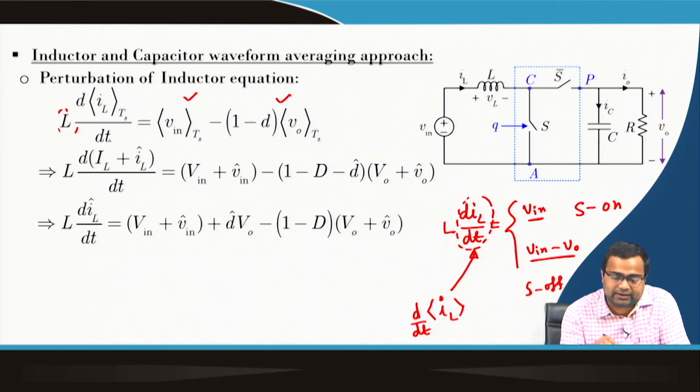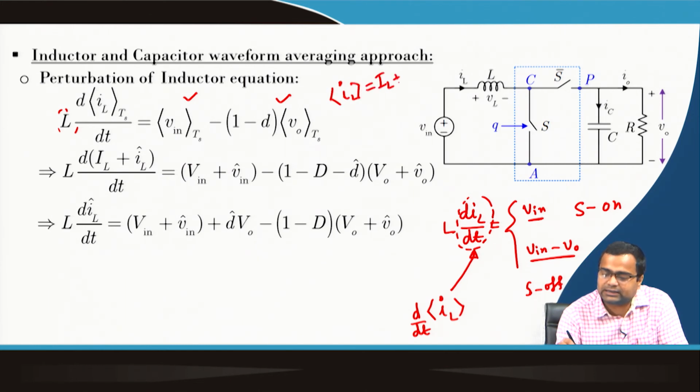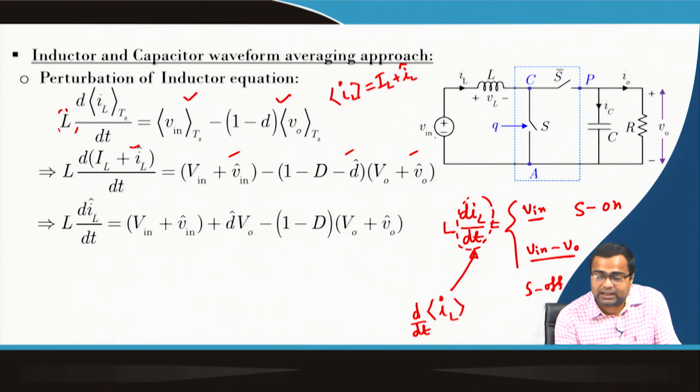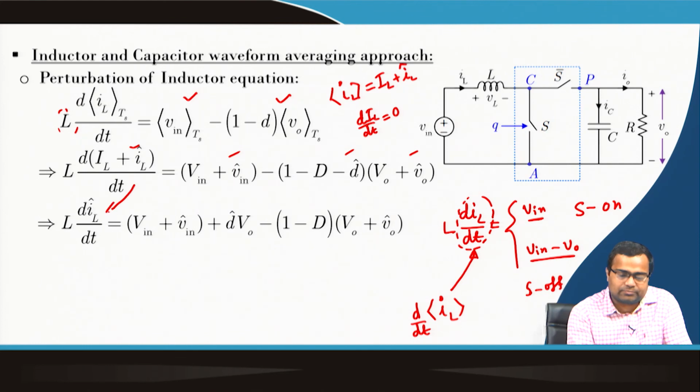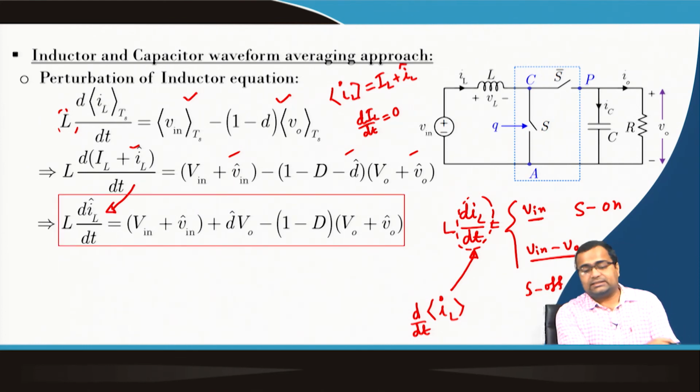Then, as we have already discussed, any quantity can be replaced by its steady state quantity plus a perturbation, and we did that for all the terms. We know that the derivative of a steady state quantity is equal to 0, and that is why we got from this step to this step. This is one equation which is part of the dynamics of the inductor current, derived using the average behavior of the boost converter over a periodic switching cycle T.